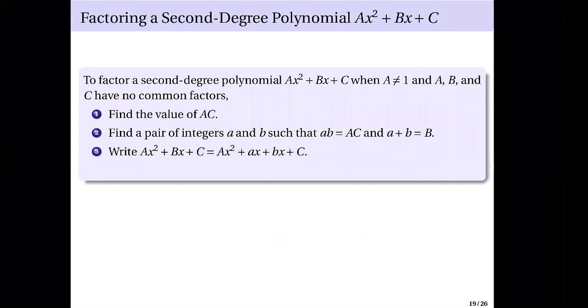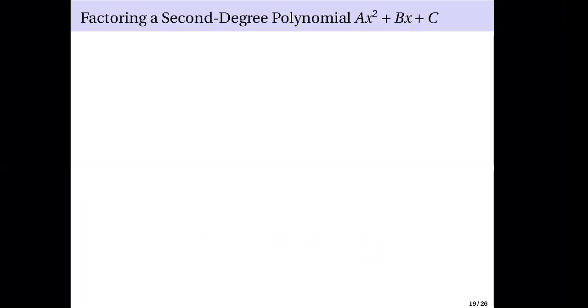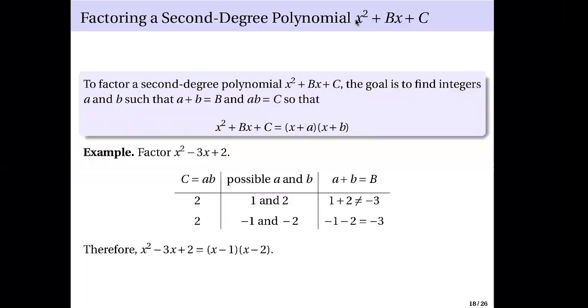Why is it not supposed to be one? Because we already had the case when a equals 1. It's this case, so we have a method. Also, we need to find numbers.